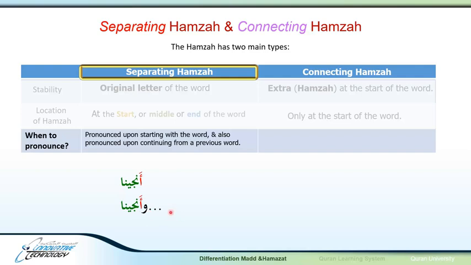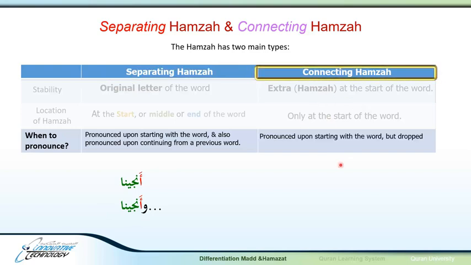Or if we have some words before it, we say wa anjayna, and still we pronounce the hamza. So the hamza is pronounced whether we're starting with it or continuing recitation through it with words before it.